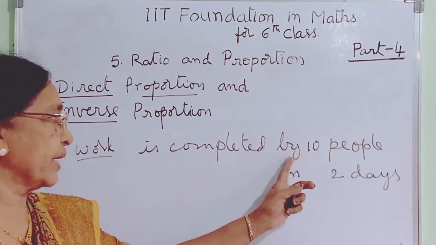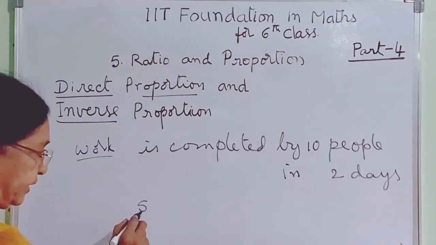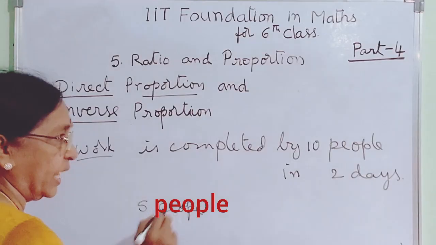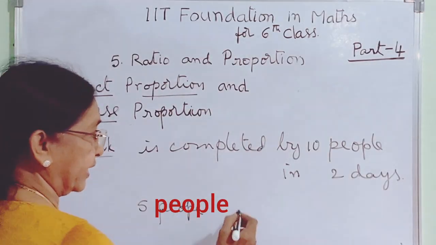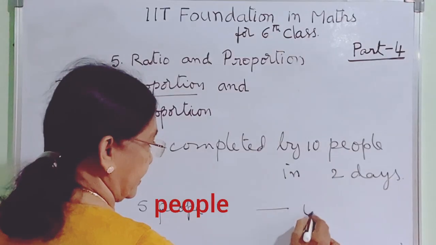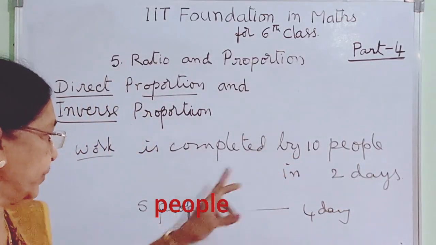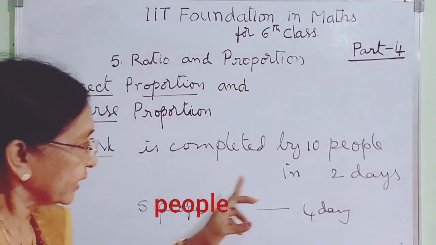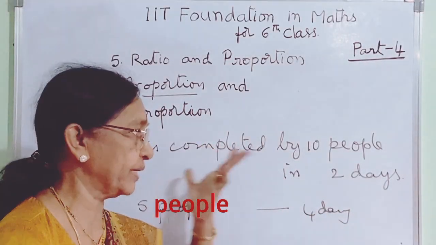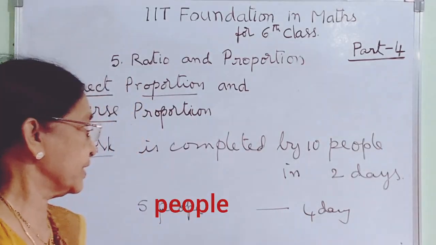If the number of people is decreased, suppose to 5 people, then the work will be completed in 4 days. So when the number of people decreases, the number of days increases. Therefore, the number of people and the number of days are inversely proportional to each other.